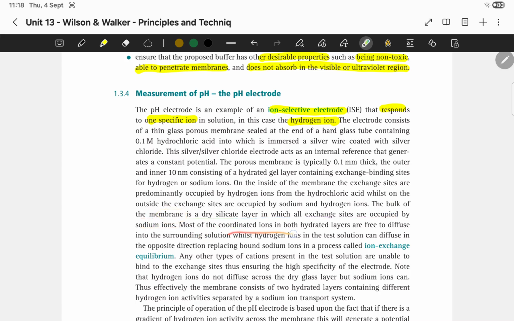Most of the coordinated ions in both hydrated layers are free to diffuse into the surrounding solution, while hydrogen ions in the test solution can diffuse in the opposite direction, replacing bound sodium ions in a process called ion exchange equilibrium.